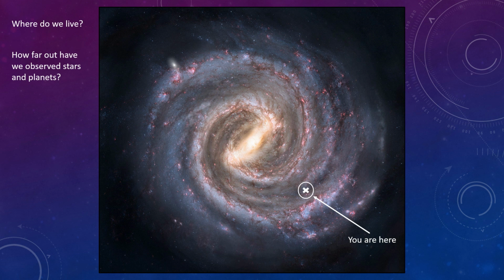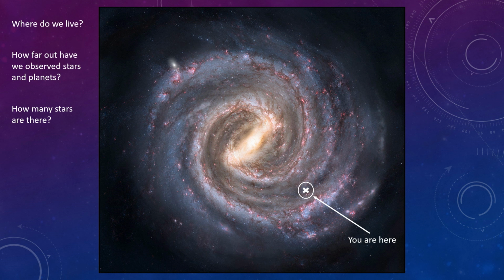Well, inside of that circle is everything we've seen so far in terms of the stars and planets that we've analyzed. So even though we know of so many stars and planets, we've only barely scratched the surface of even our own galaxy. But we know there's tons and tons of galaxies out there and so on and so forth. So we've done nothing, effectively. On our time scale, we've done incredible things, but we have so much more to go.